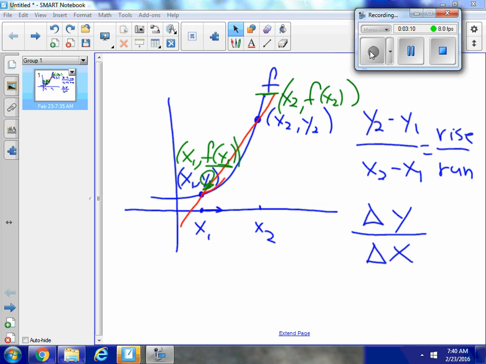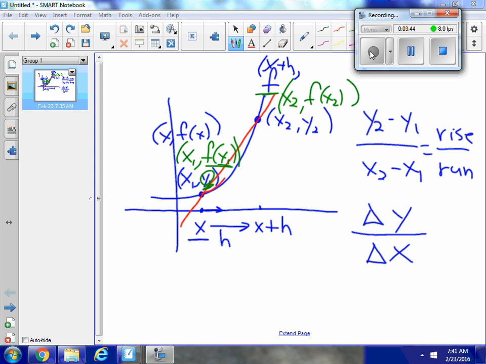I'm going to say this point right here is just x. And this distance between these 2 points, I'm going to call it h. So this point is x, and this point over here is x plus h. So now my points are labeled x and f of x, and this one over here is going to be labeled x plus h, comma, f of x plus h.